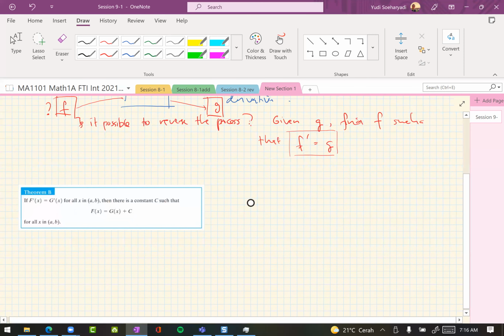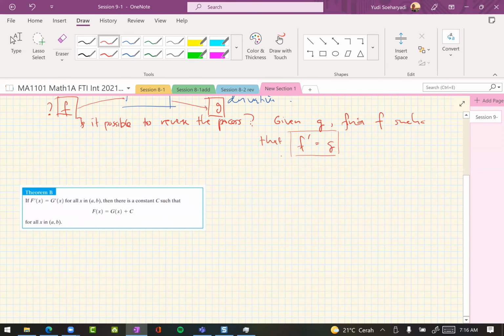So in that sense, if such F exists, it is called antiderivative.